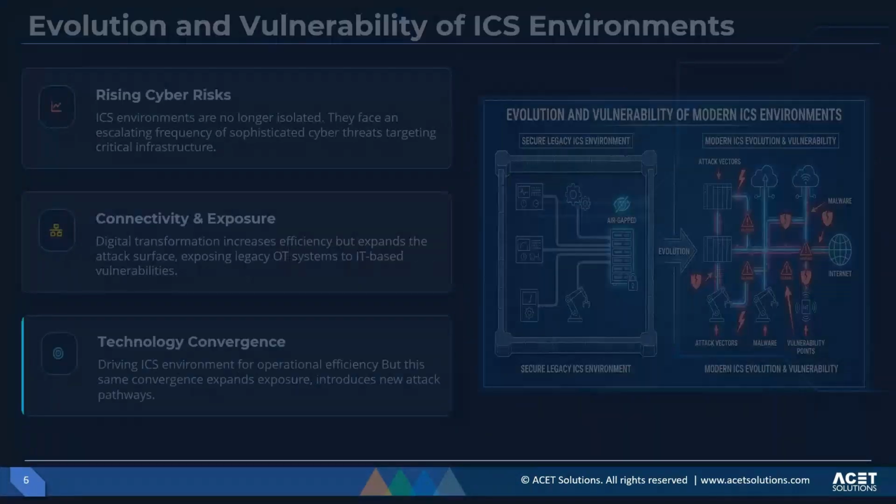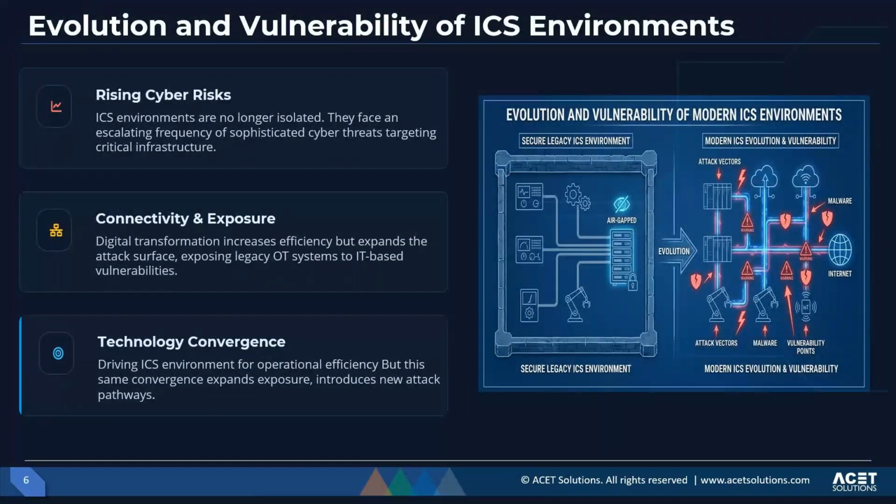So let's discuss the evolution of the ICS environment first. As you all know, over the past couple of decades, industrial control system environments have undergone significant transformation. What were once isolated, purpose-built systems dedicated solely to running critical infrastructure, such as energy production, water treatment plants, manufacturing lines, oil and gas operations, and transportation networks, have evolved into highly interconnected digital ecosystems.